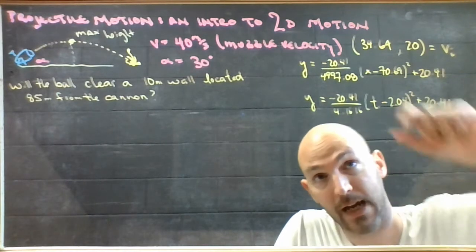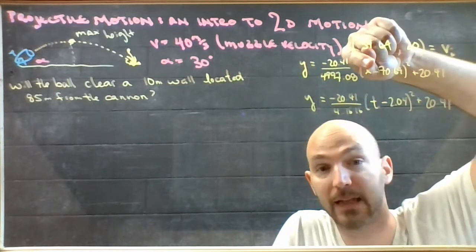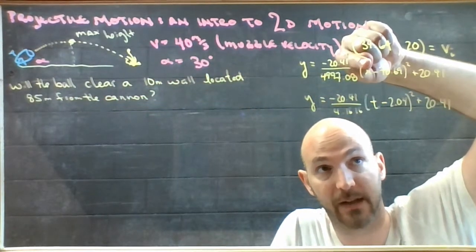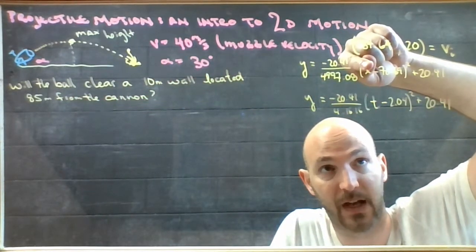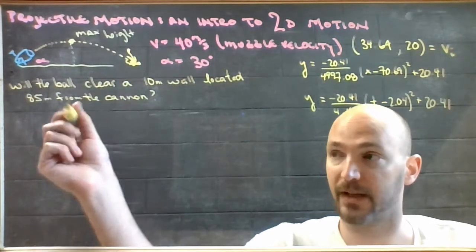Well, I have a model that tells me how high that ball is for any position in X. And I've been given a position in X. So all I need to do is put 85 into this parabola, and I should be able to calculate the height. So let's give that a try.